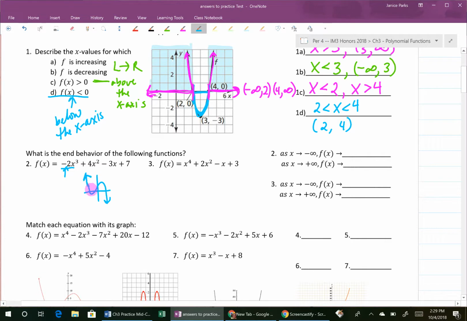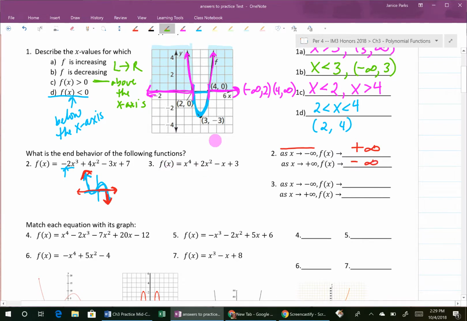As x goes to negative infinity, meaning as we go to the left, the graph goes up, to positive infinity. As x goes to positive infinity, this graph is moving downward, so that goes to negative infinity.